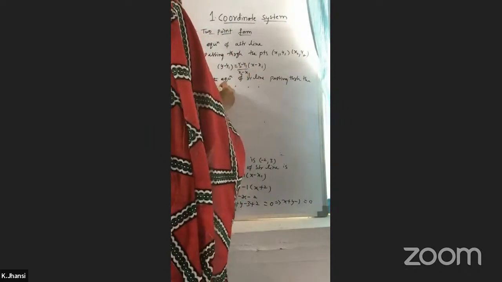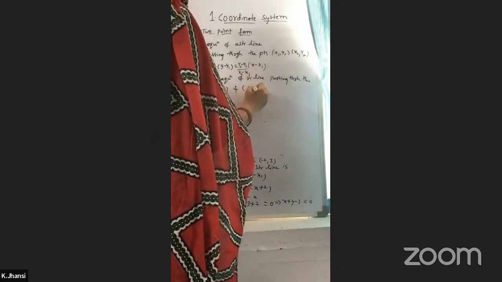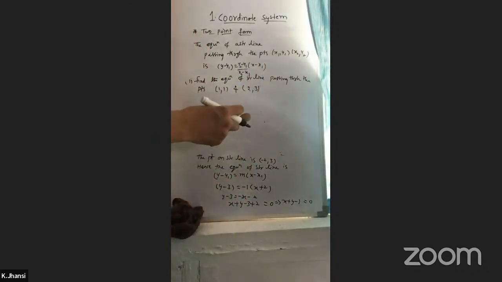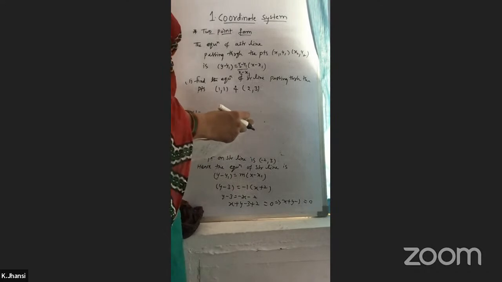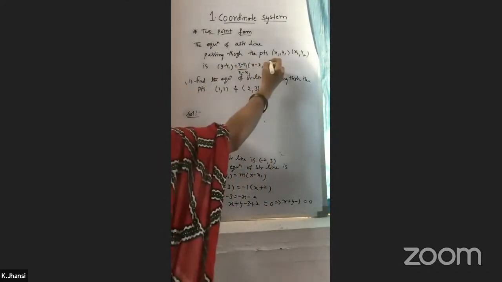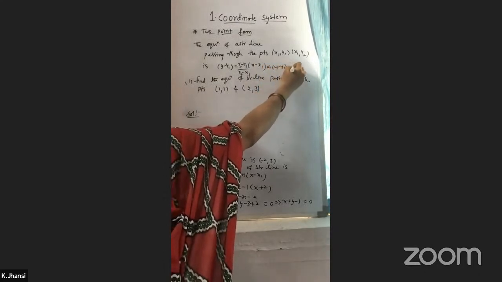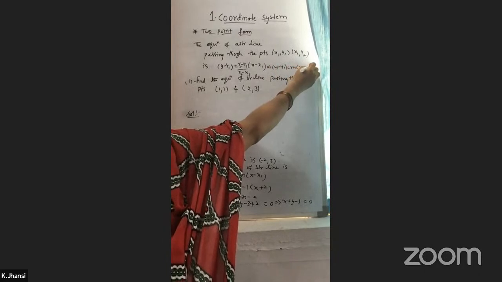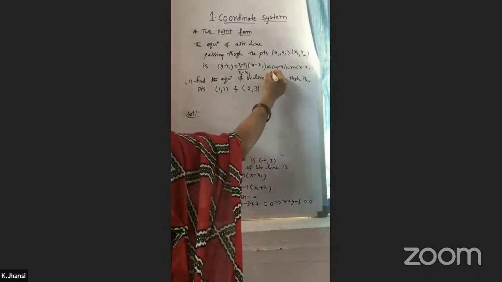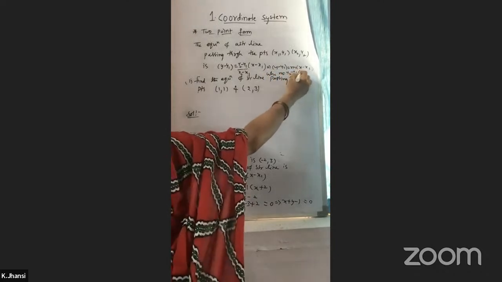The points are 1, 1 and the second one is 2, 3. Okay, these two are the points. We have to find the equation of the straight line. We can write it like this also, no? y minus y1 is equal to m into x minus x1, where m is equal to y2 minus y1 by x2 minus x1. Okay. So like this also we can convert.